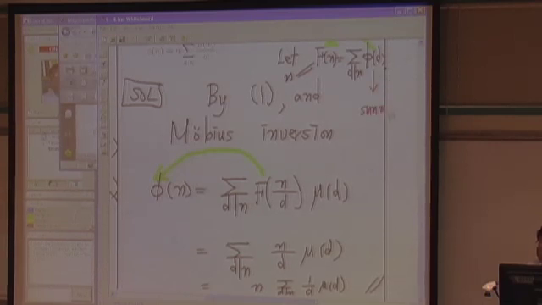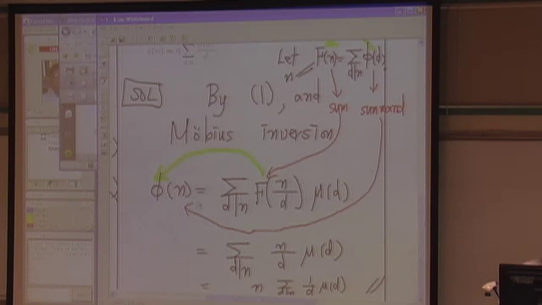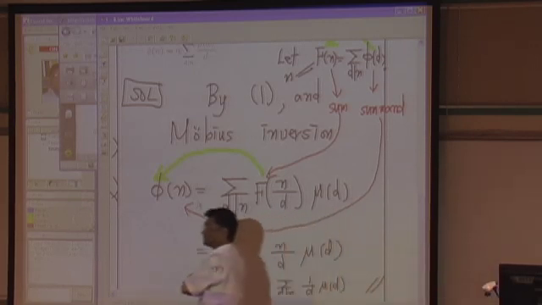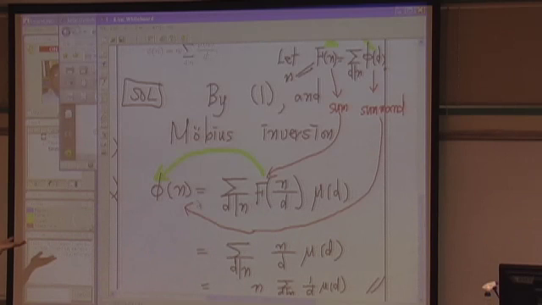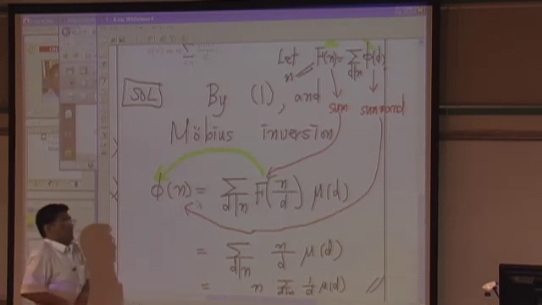The summand gives us the sum, and now the sum gives us the summand, right? This is the inversion formula. So if you are fully satisfied, then you can ask.